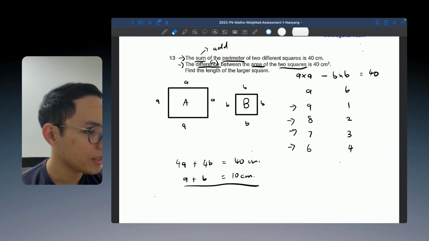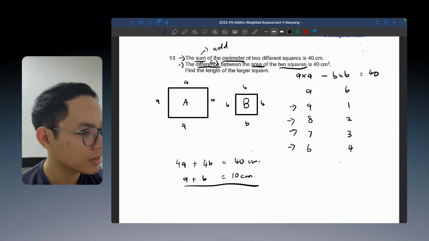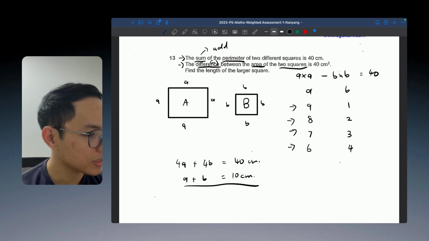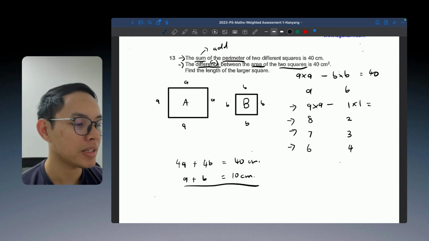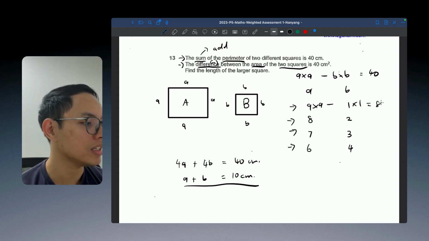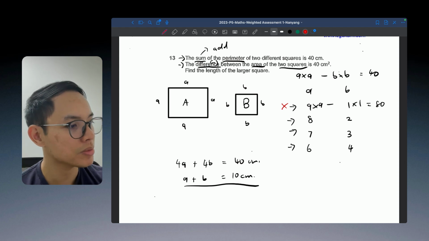So we have A and B. My A looks a bit like a 9. Now I'm going to put 9 times 9 minus B times B, which is 1. You remember 9 times 9 is 81, minus 1 is 80. So this is wrong. This combination is wrong. Let's move on to the next one.